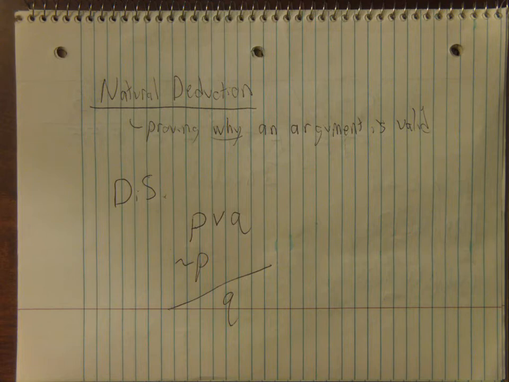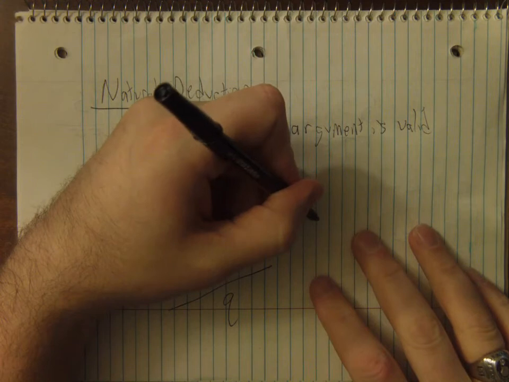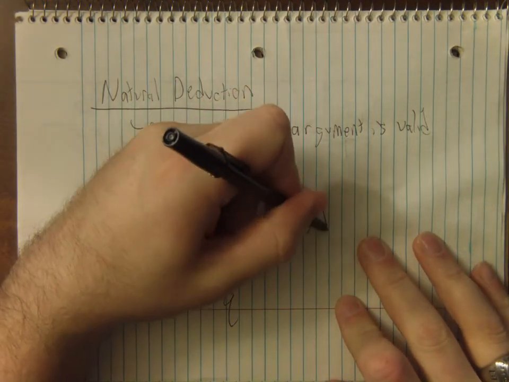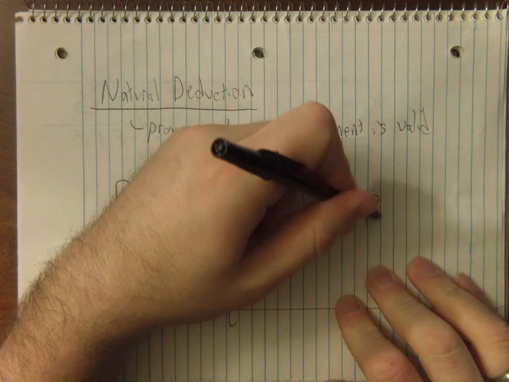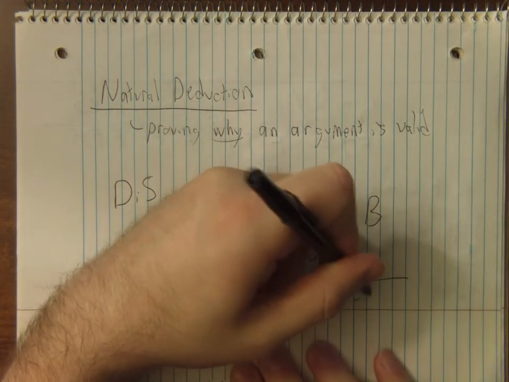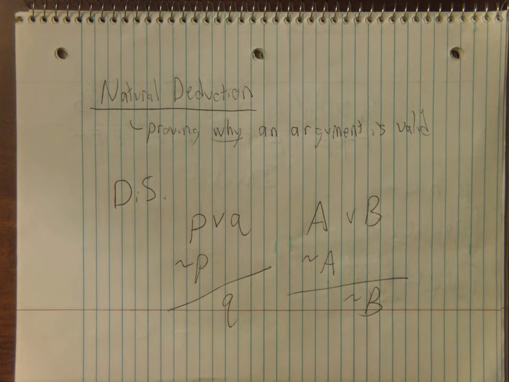And so, how to put it? The most basic version, if I have an atomic statement, A or B, and I know not A, I can also conclude B. Well, that's pretty simple and straightforward. But here's another one that's perfectly fine to do.